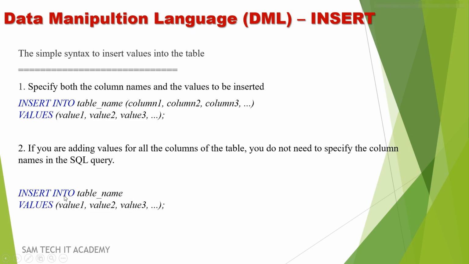So insert into table name, and without mentioning the column names, we directly go to the values and then enter the corresponding values. Here we also don't change the order. The order is employee ID, first name, last name, right? According to that order only we have to provide the values here. Then only this logic will work.